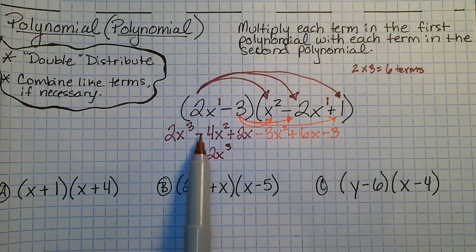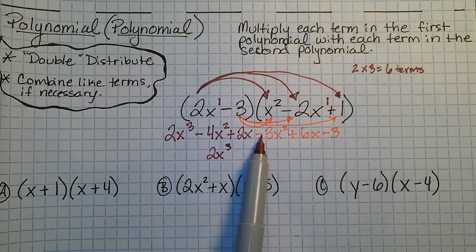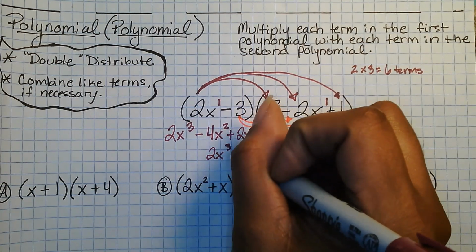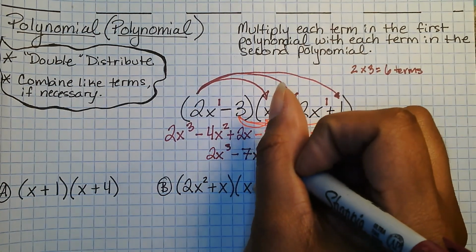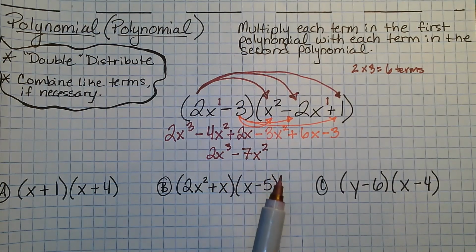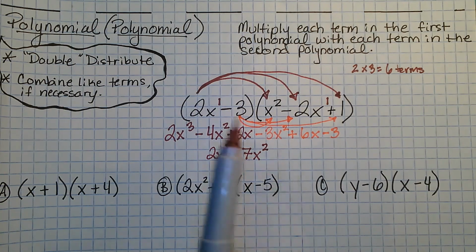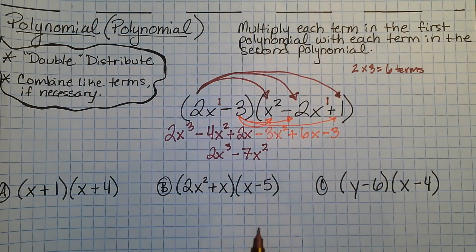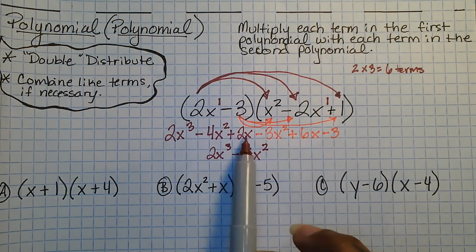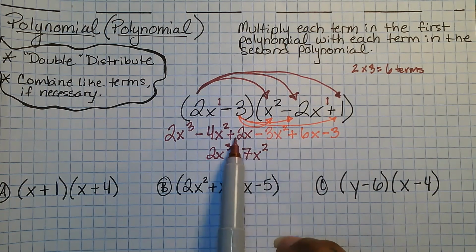I see we have a negative 4x squared and a negative 3x squared. So that combines to give us a negative 7x squared. If you notice, the exponent did not change. Addition, subtraction does not affect our exponents. Multiplication does, okay?